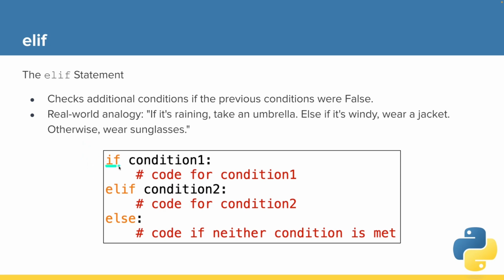If every other if or elif statement above it evaluates to false, then it will potentially execute as long as the condition also matches. The else will only evaluate if everything above it, all if and elif statements, evaluate to false. Otherwise, it will not evaluate.